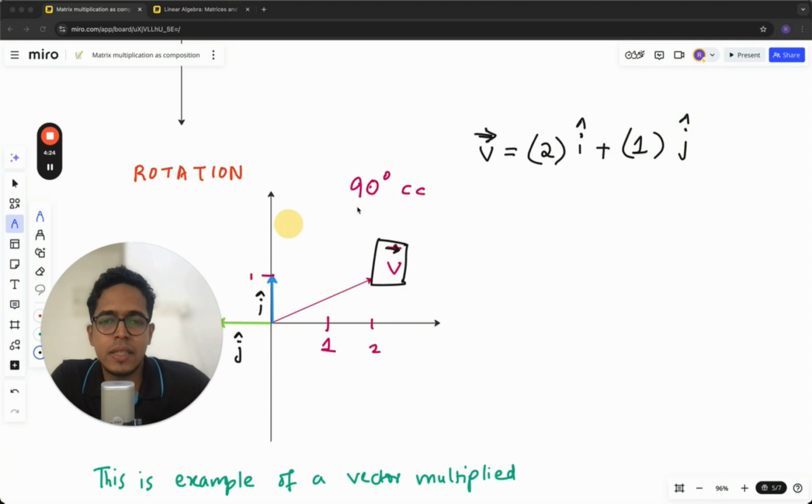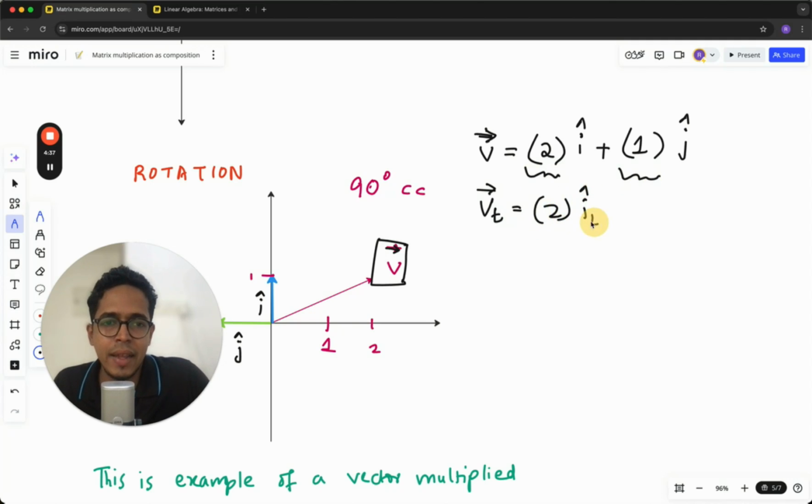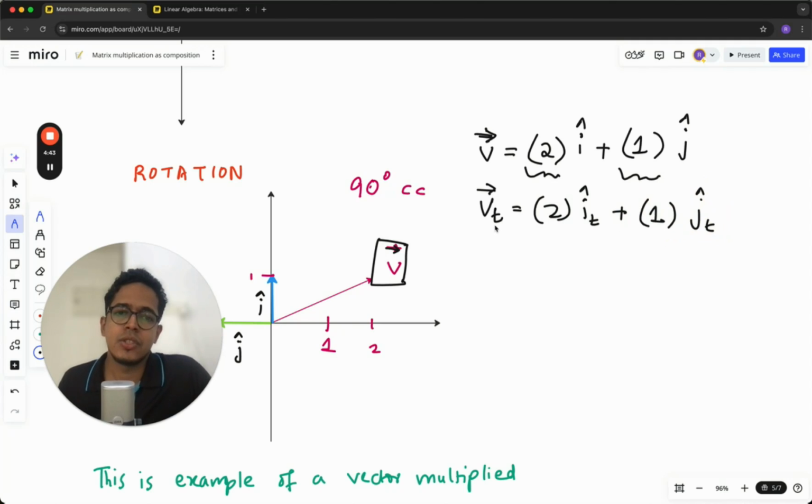And what does transformed v look like? I will denote transformed v by vt. These scaling factors should remain the same: 2 times the transformed i plus 1 times the transformed j, so jt. This is how transformed v should look.